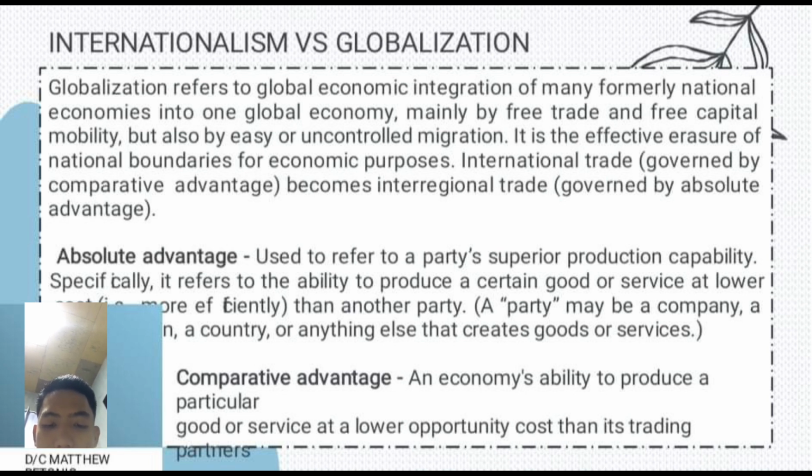Absolute advantage is used to refer to a party's superior production capability. Specifically, it refers to the ability to produce a certain good or service at a lower cost than another party. Comparative advantage is an economy's ability to produce a particular good or service at a lower opportunity cost than its trading partners.